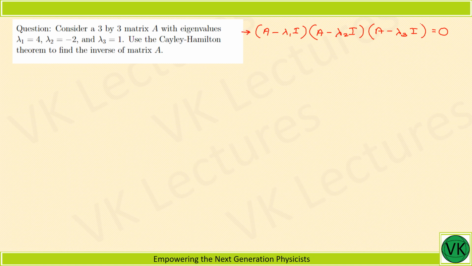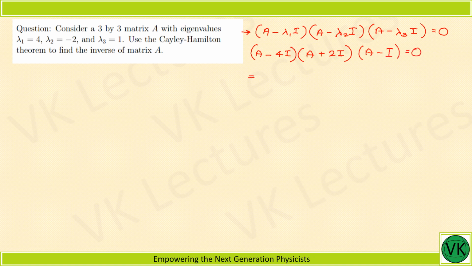Now expanding this equation, let us substitute the values of lambda 1, lambda 2 and lambda 3, which gives us A minus 4I, A plus 2I, and A minus I, equal to 0. Now let us expand this.